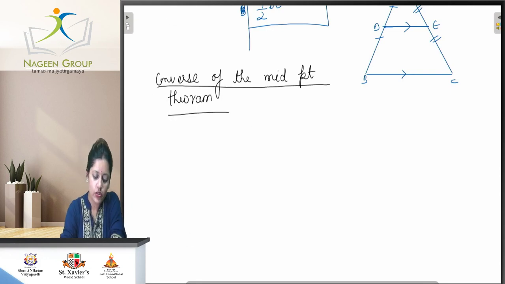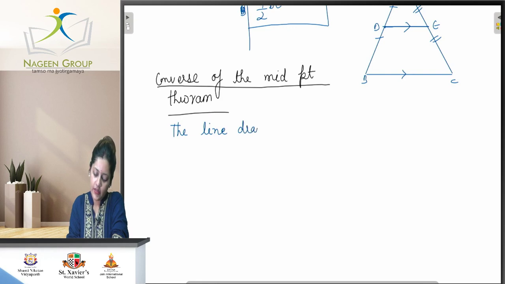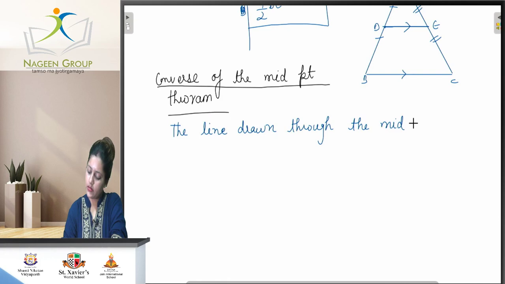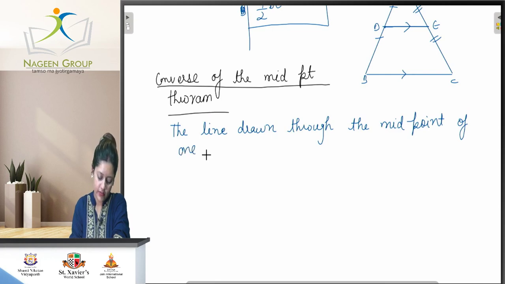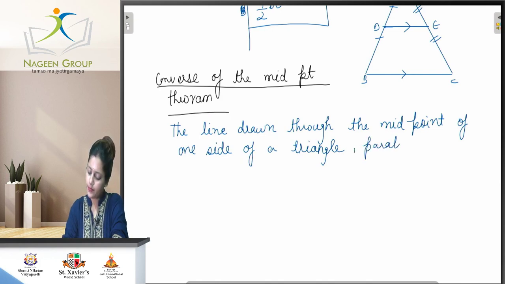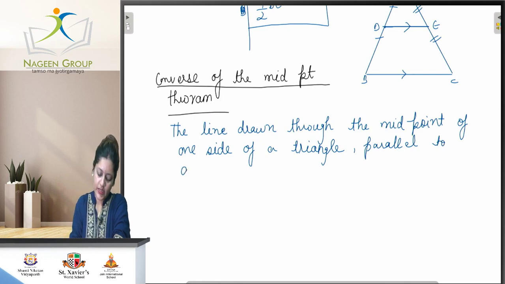It states that the line drawn through the midpoint of one side of a triangle, parallel to another side, bisects the third side.